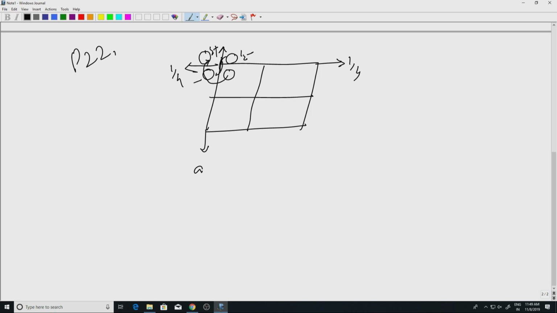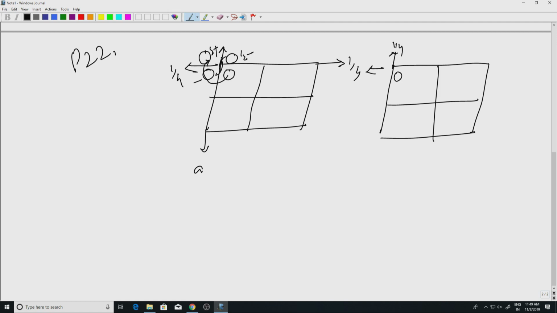In case we shift the two-fold along B by 1/4, when this is rotated, it goes by up minus.